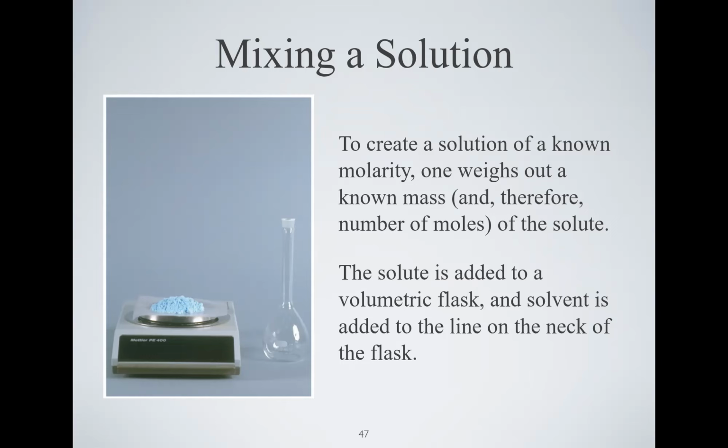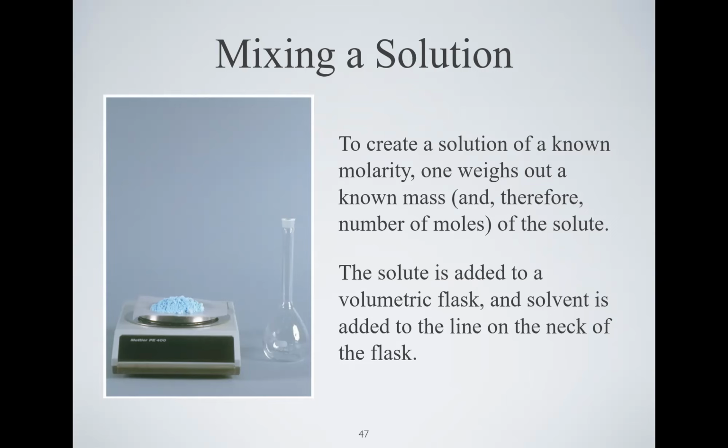But when we're making a solution from the solid, like I mentioned before, we need to know the mass of that solute in order to get the concentration we're interested in. Because the balance, like they're shown here, doesn't read in moles. We can only measure grams directly, so we have to get the grams.